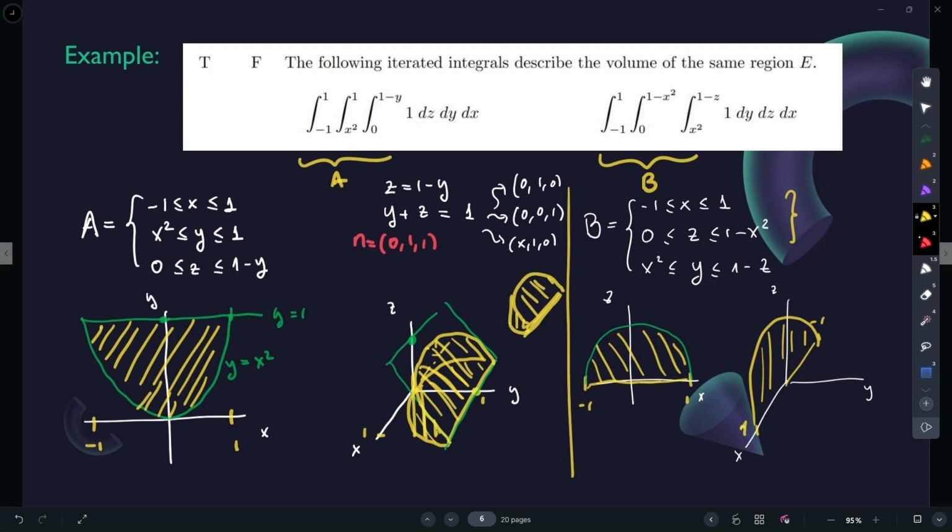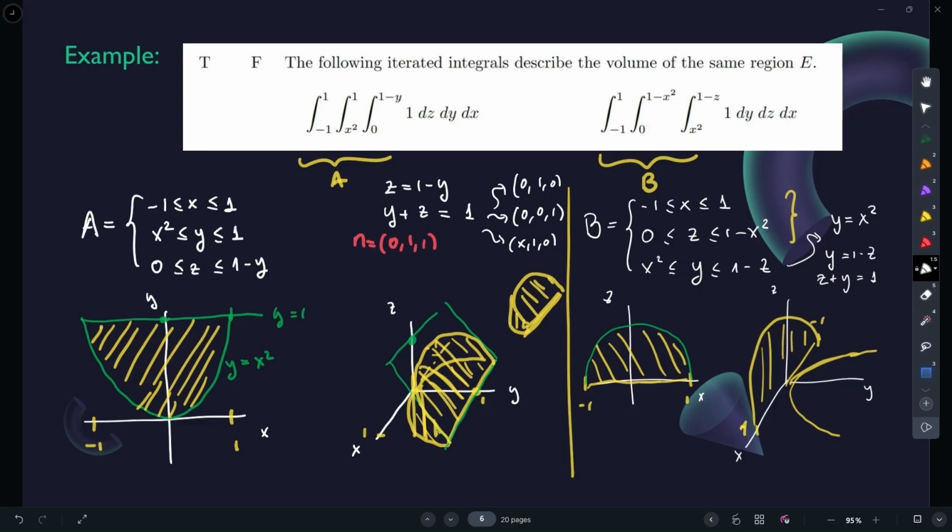But then y is going from y equals x squared up to y equals 1 minus z. So what are those bounds? y equals x squared is the parabola that we had before, and y is equal to 1 minus z is again z plus y equals 1, which is the same plane.